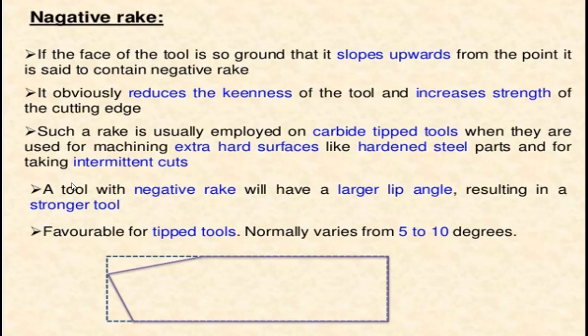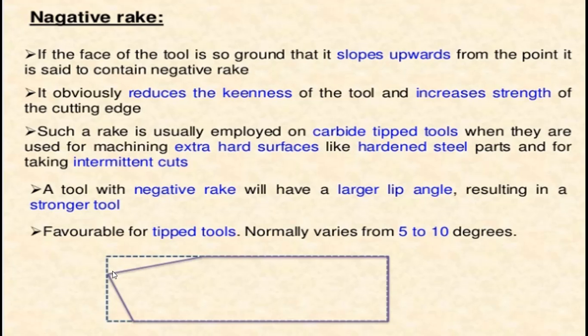Such rake is usually employed in the case of carbide tipped tools when they are used for machining extra hard surfaces like hardened steel, or for making intermittent cuts. A tool with negative rake angle will have a larger lip angle, resulting in a stronger tool. That is, the lip angle included here will be larger.